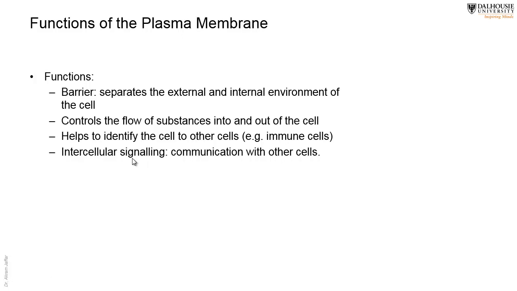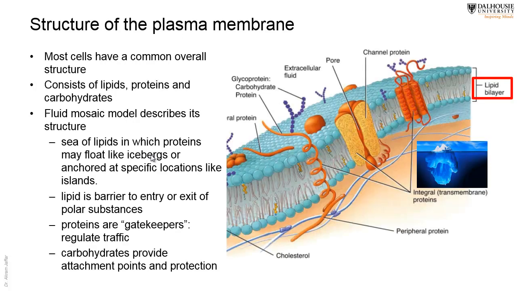This is very important during embryological development, or during regeneration of tissues, so that the cells have some sort of communication between them and can organize themselves in the way that they should be organized. So the cell membrane is very important.